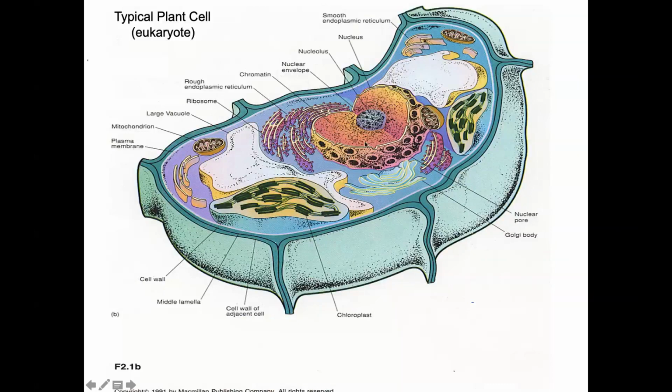So in any event, just like the animal cell, here's the nucleus of the plant cell, a nuclear membrane, and it's within that subcellular compartment, the nucleus, that you find the genetic information, or the bulk of the genetic information within this plant cell.